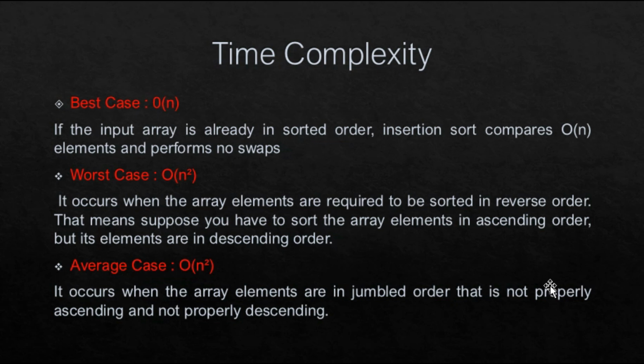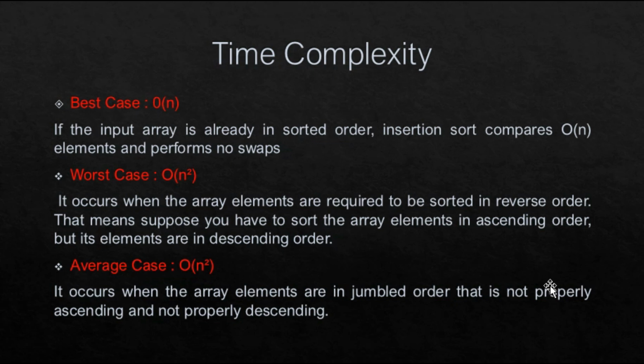Our time complexity in the best case is O of n, because if the input array is already in sorted order, insertion sort compares O of n elements and performs no swap. The time complexity of the best case is O of n kasi isang beses ka lang naman mag-compare kasi nakasort na siya.